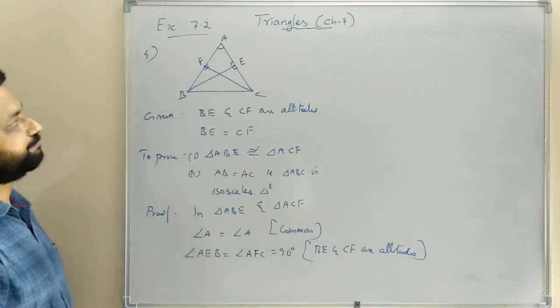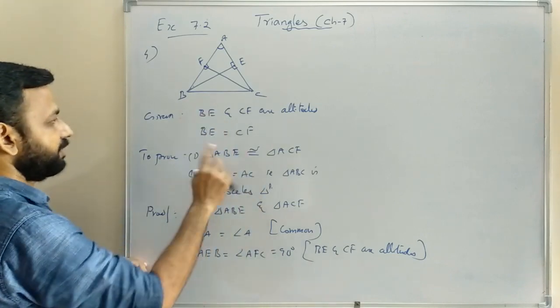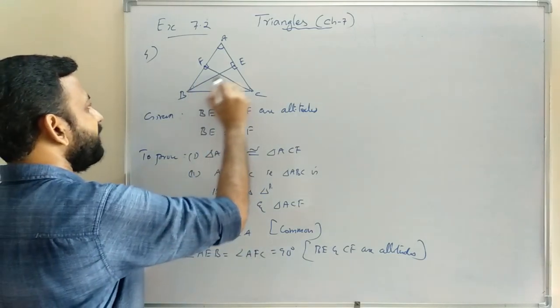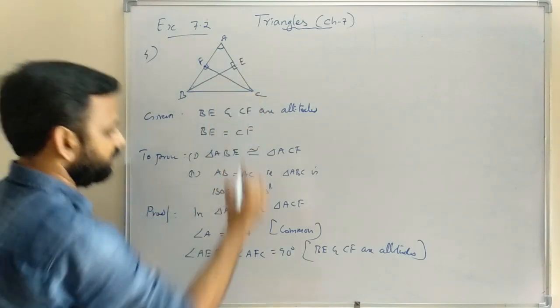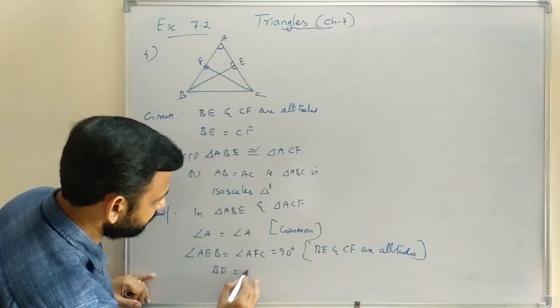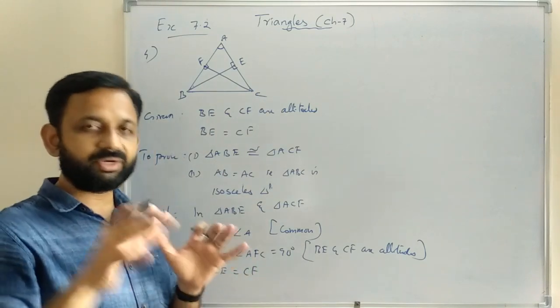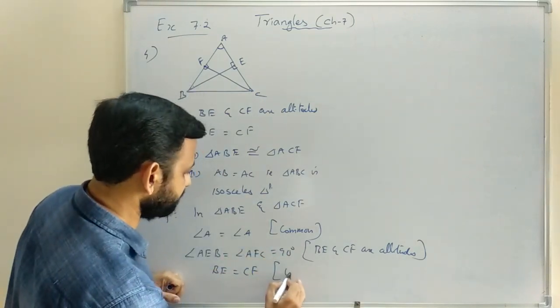Then BE equals CF. Side BE of this triangle equals side CF of that triangle. BE equals CF, that is given. Altitudes are equal, that is given.